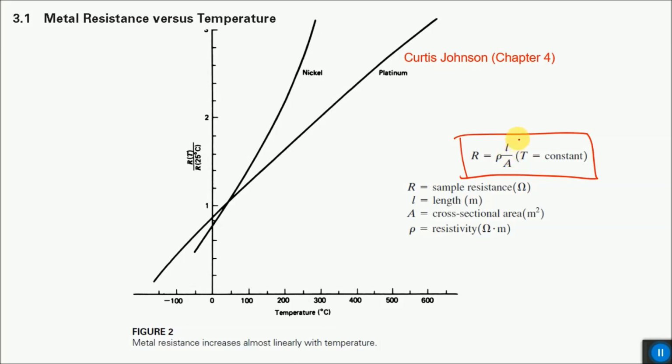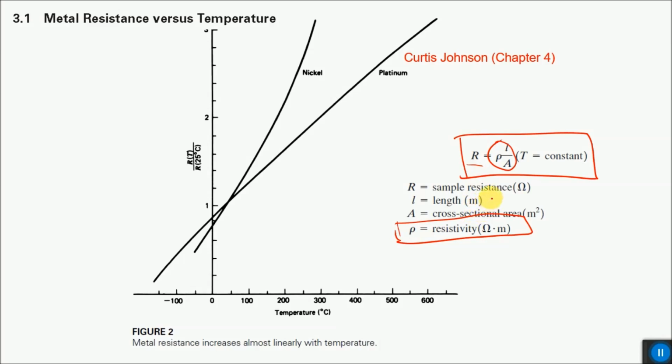L is the length of the conductor and A is the cross-sectional area of that conductor, where rho is the resistivity. Now this resistivity has a fixed value for a fixed temperature, but the resistivity of metal changes at different temperatures. So if any of these three parameters change, the resistance will change.